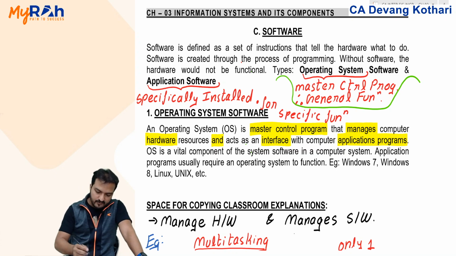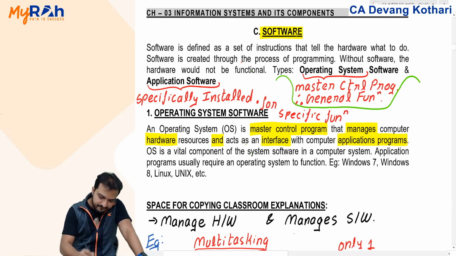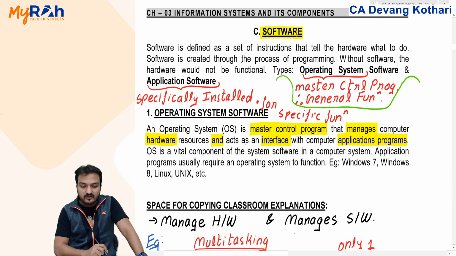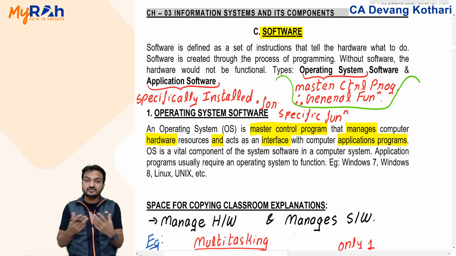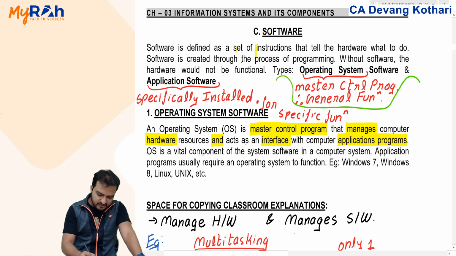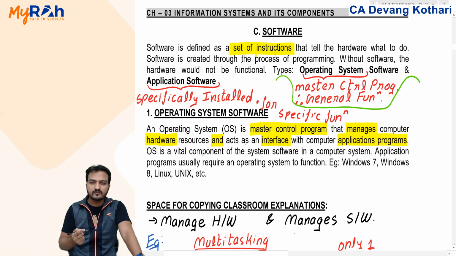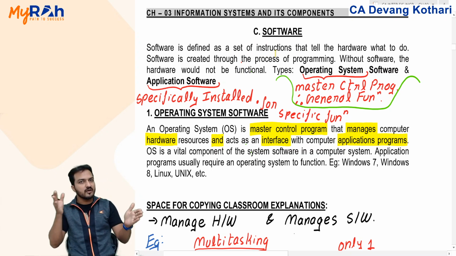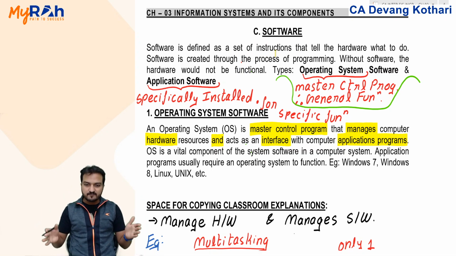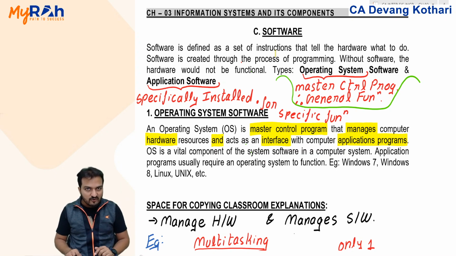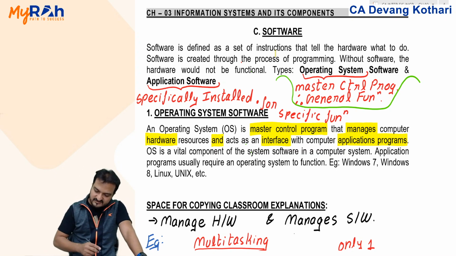Next component we learned was software. Software basically means a set of instructions for the CPU, so that the CPU can convert input into output. This topic contained two major types of software.